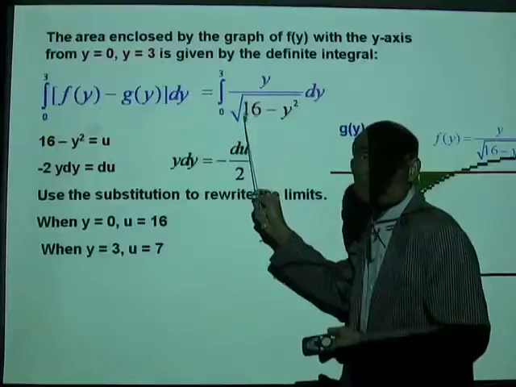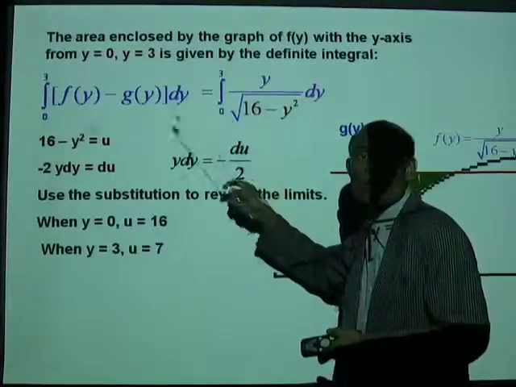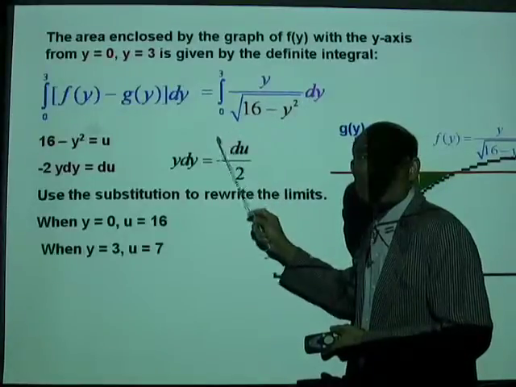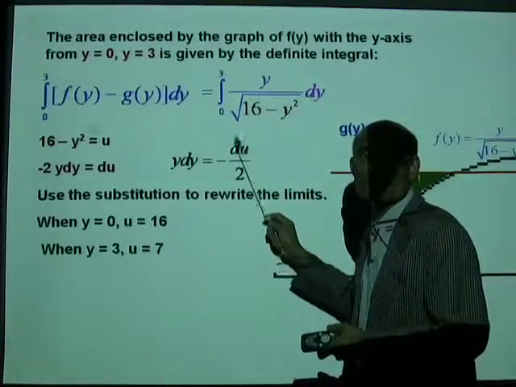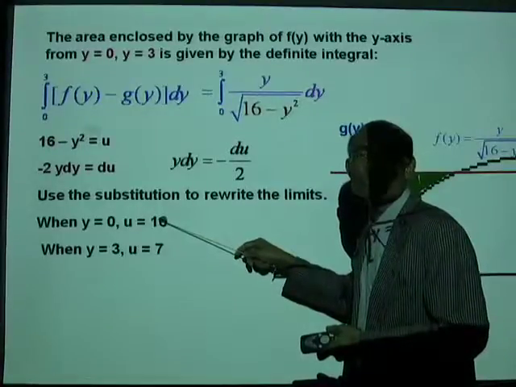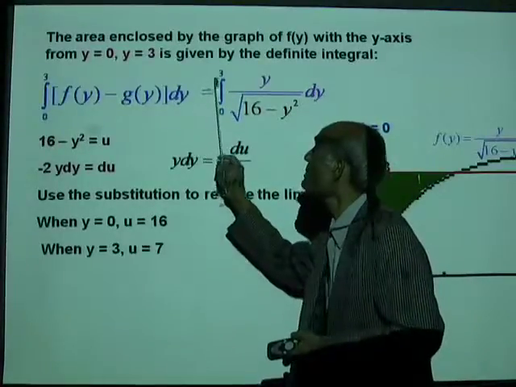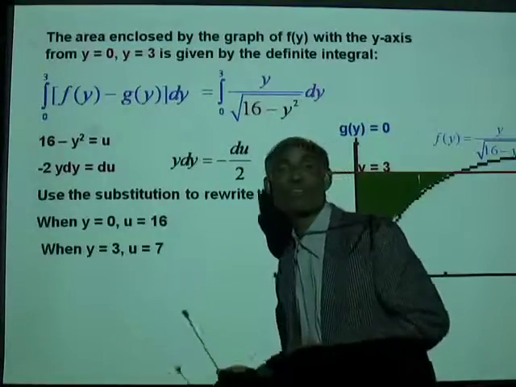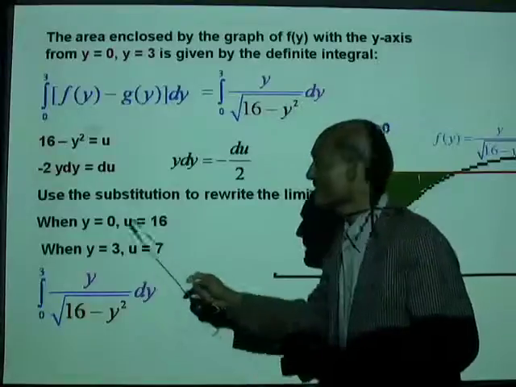Therefore, when you replace 16 minus y squared by this u, and y dy by negative du over 2, the lower limit y equal to 0 becomes u equal to 16, and the upper limit y equal to 3 becomes u equal to 7. So what is the new integral?